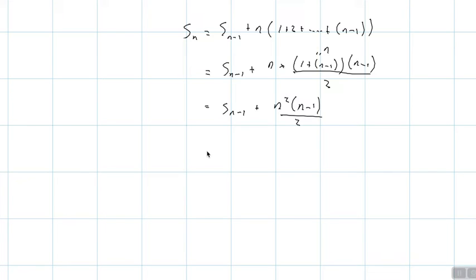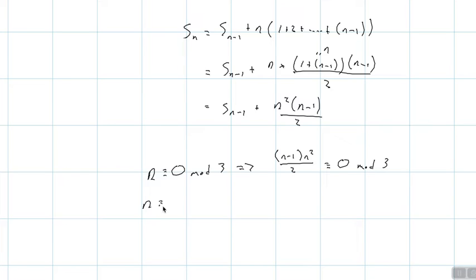Now looking at divisibility by 3, we'll go through 3 different cases. When n is equal to 0 mod 3, it's going to be true that this term is also equal to 0 mod 3, because 0 squared is 0.